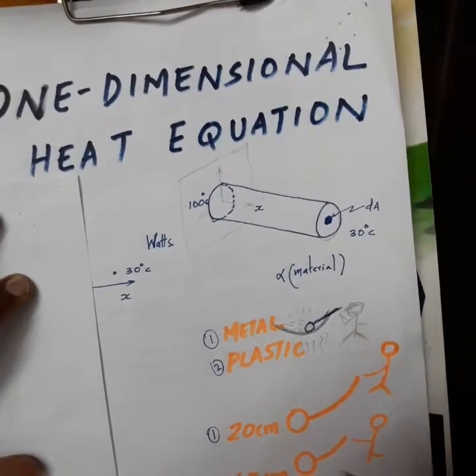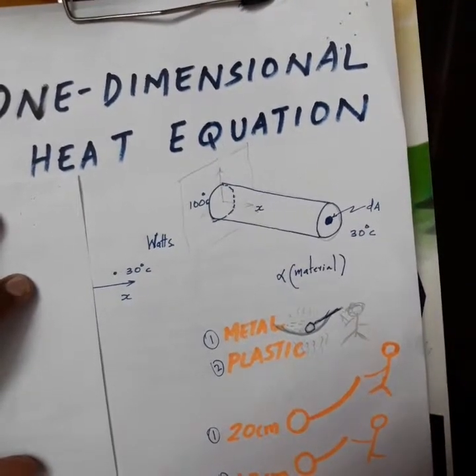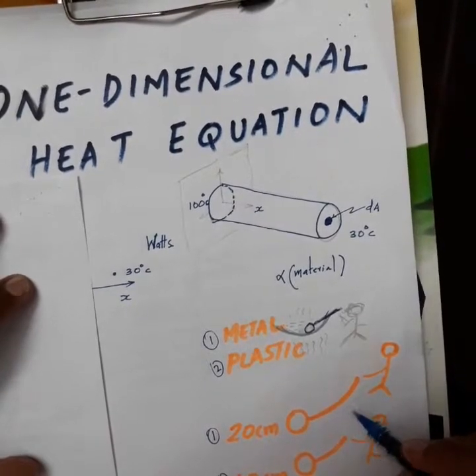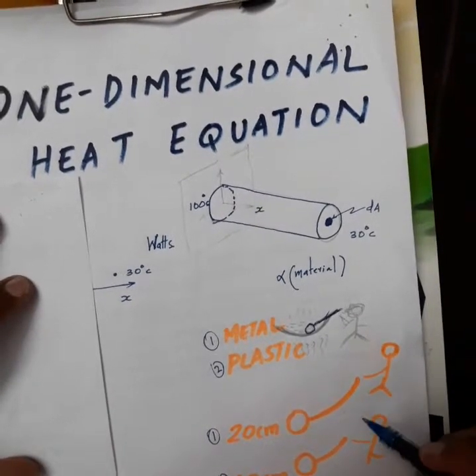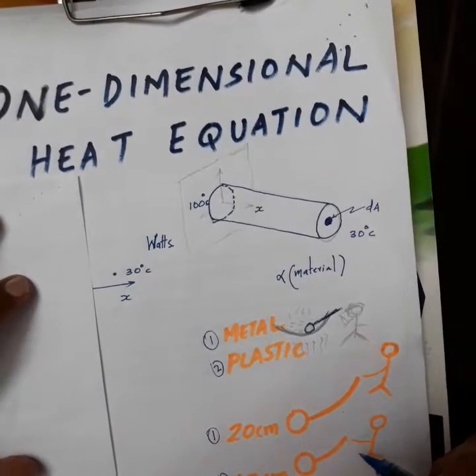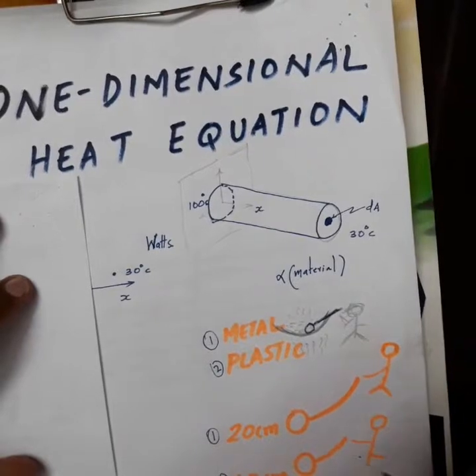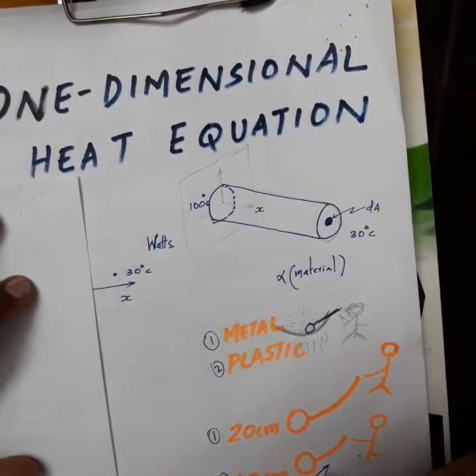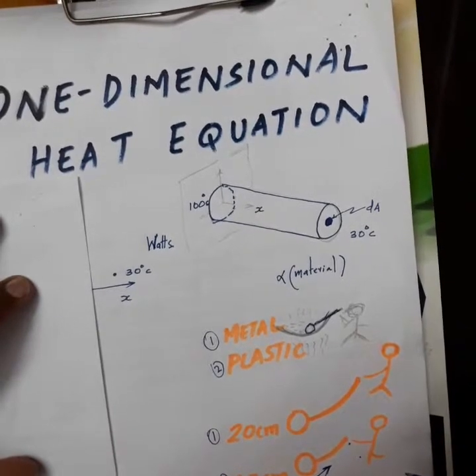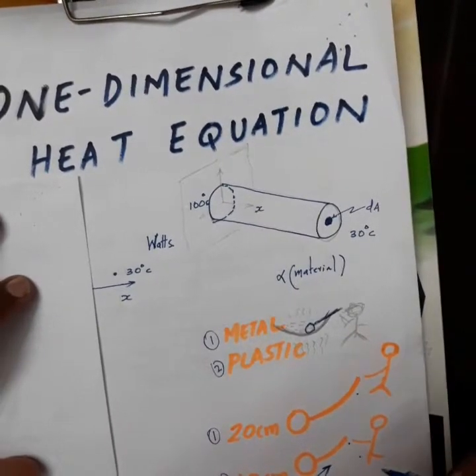In case 2, let's say I'm using a shorter utensil, both made of the same material, let's say copper or any other metal. As we can see in case 2, he will feel the heat very fast, right? So more heat energy is getting transferred compared to the other case.